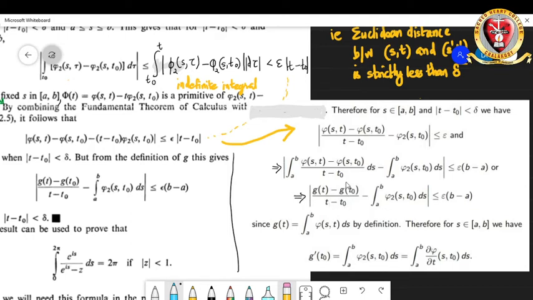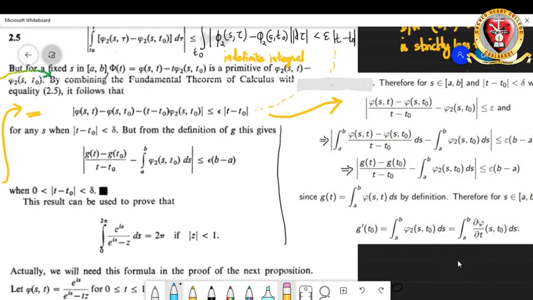So this is nothing but the limit as t tends to t naught of g of t minus g of t naught divided by t minus t naught, that happens to be g dash of t naught. And definitely this epsilon is arbitrary and strictly greater than 0, so you get that the limit as t tends to t naught of g of t minus g of t naught divided by t minus t naught is equal to the term sitting here, which is what we have to prove, and this phi 2 is nothing but ∂phi/∂t of st naught ds.